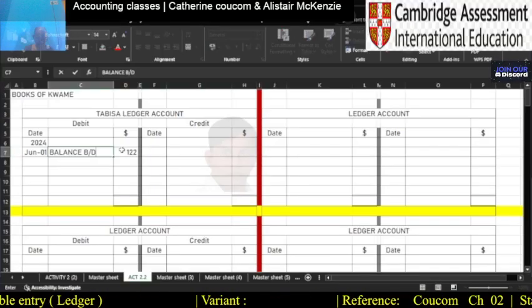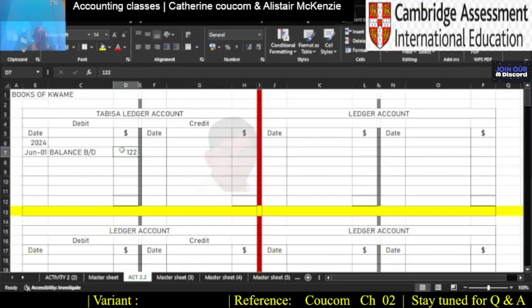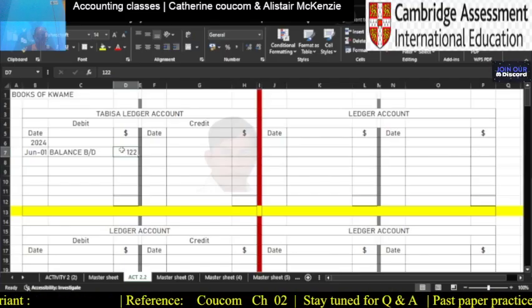Balance brought down 122. Okay, so next.